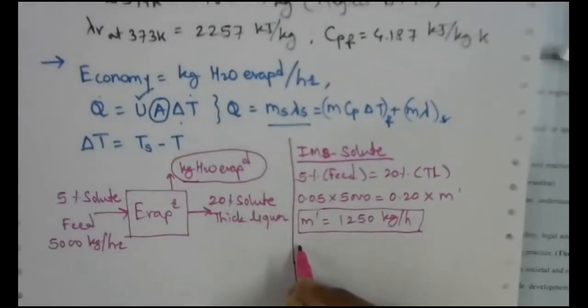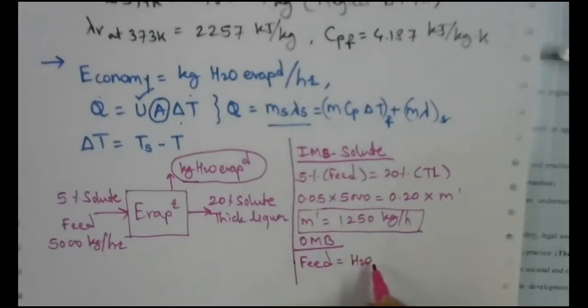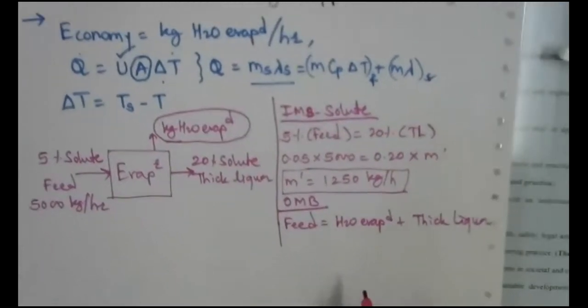We can use the overall material balance. So overall material balance is feed equal to water evaporated plus thick liquor, right?